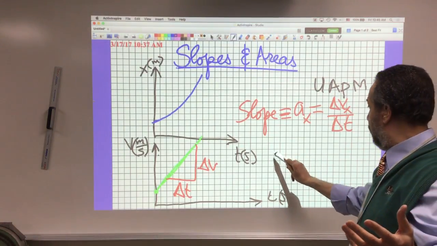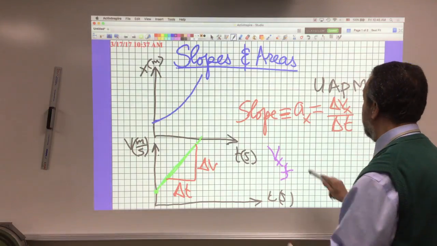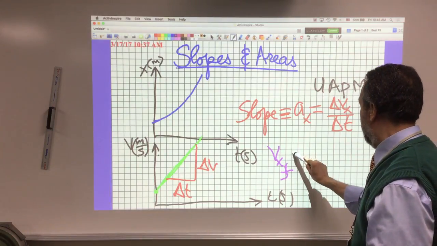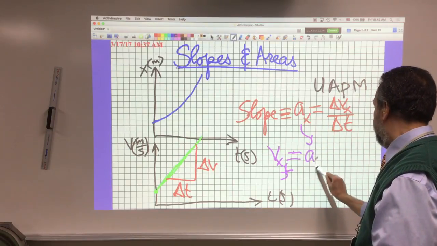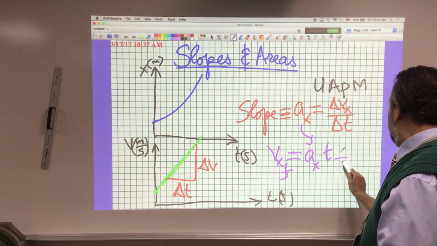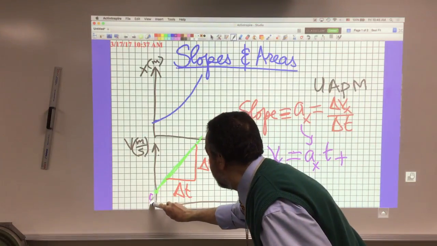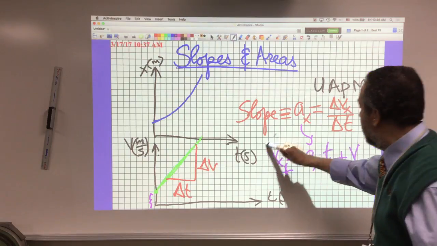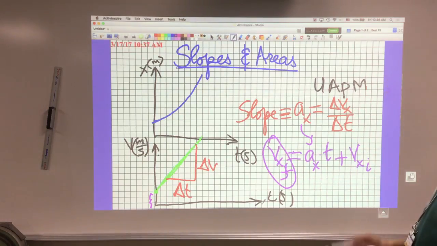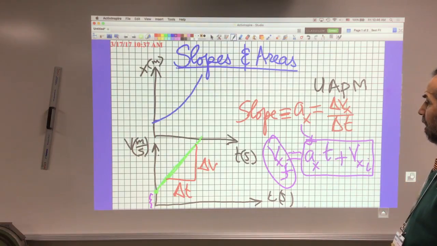We want to do it in the context of physics, so vxf equals the slope, which we established is the acceleration, so it would be a sub x times t, plus the intercept. Well, the intercept is the initial velocity right there, so vxi. So technically, I can substitute for vxf this whole relationship.